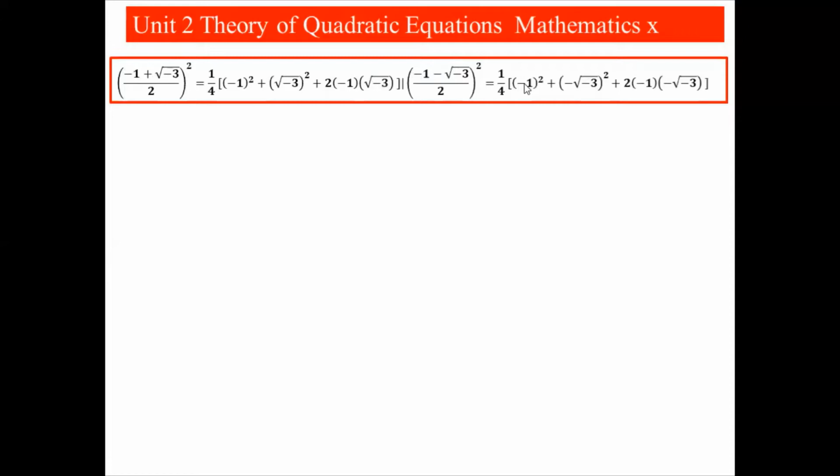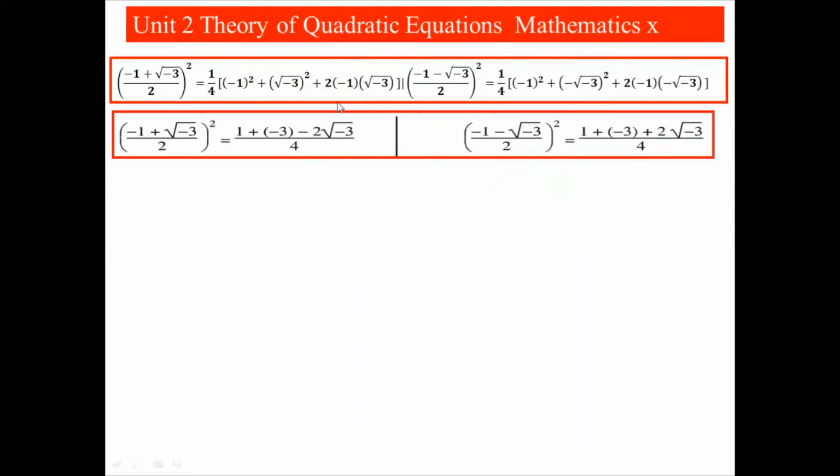So square of 1 by 2 is 1 by 4, and this is (-1) square plus (minus square root of -3) whole square plus 2. This is the first value and this is the second value. Now we can write this as 1 by 4, and (-1) square is 1, and square of square root of -3 is -3, and now this can be written as -2 square root of -3.